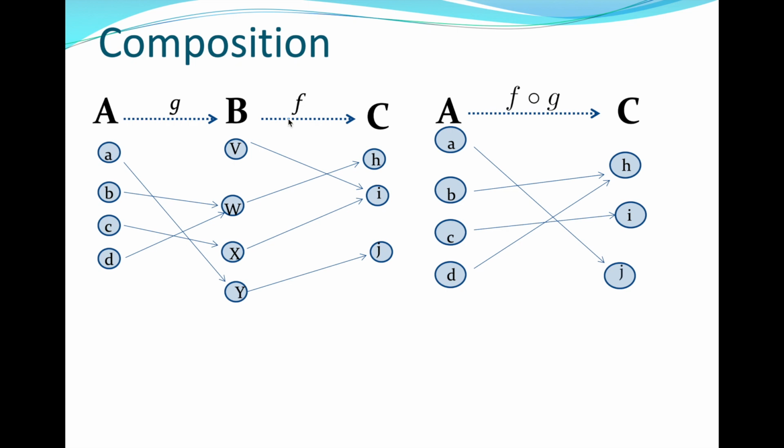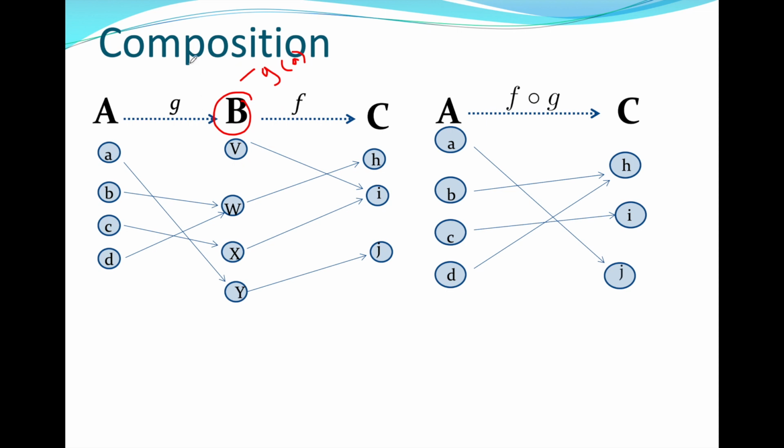Then the f will connect these elements in B to C, and it will get f applied to g(a). Then f transforms the B here to C: f(w) will be h, f(x) will be i, f(y) will be j.